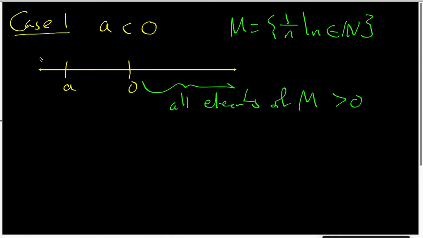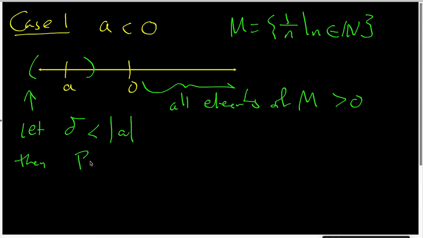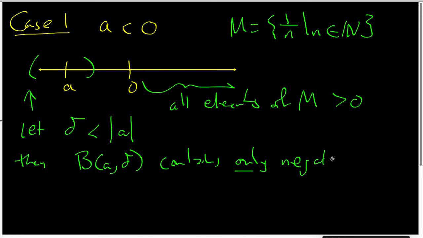And it's easy to put a delta ball over here if I let delta be anything that is less than the absolute value of A. Then the delta ball centered at A contains only negative elements.